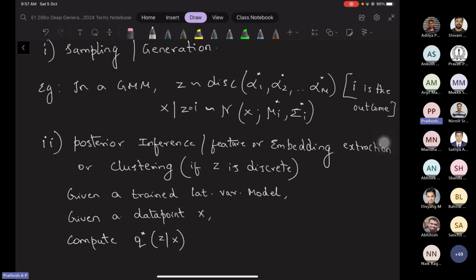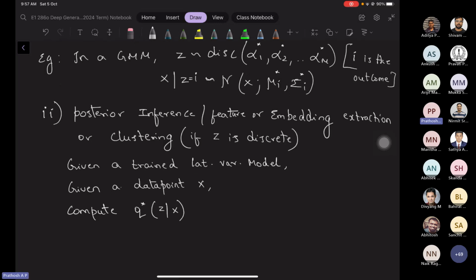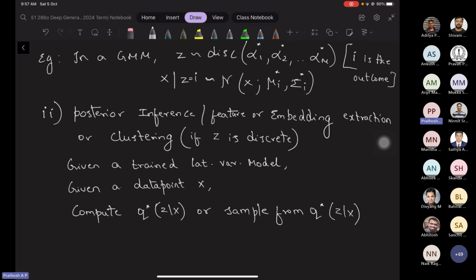That's all. Compute q star of z given x, or sample from it, depending upon what the case is. Both of them are possible; there are different variants of it.